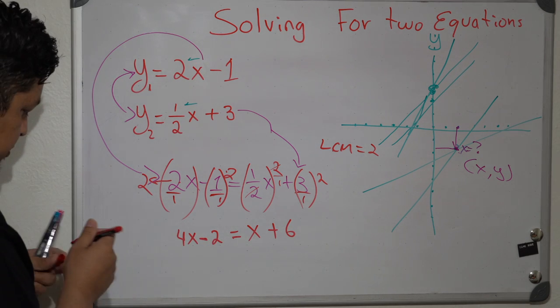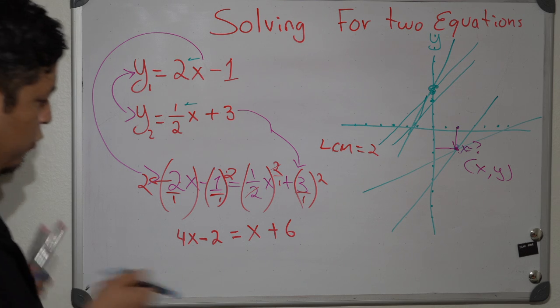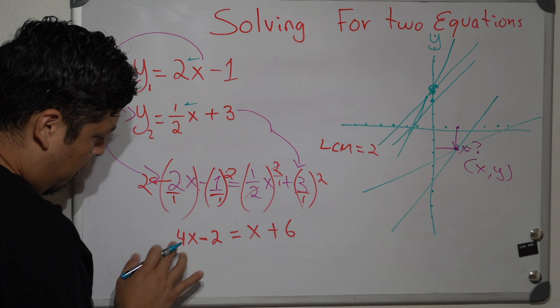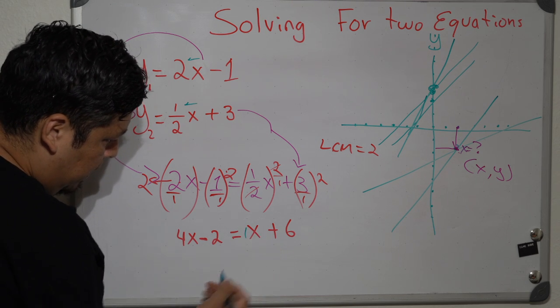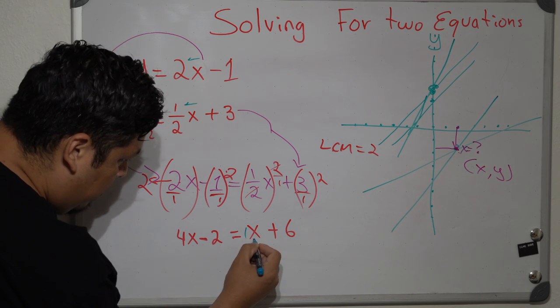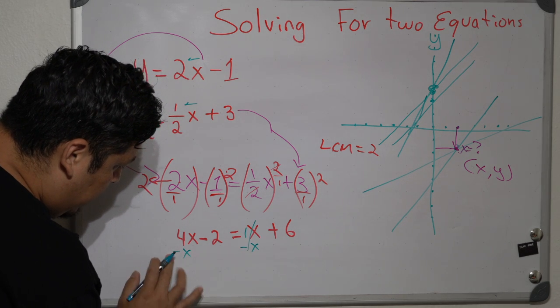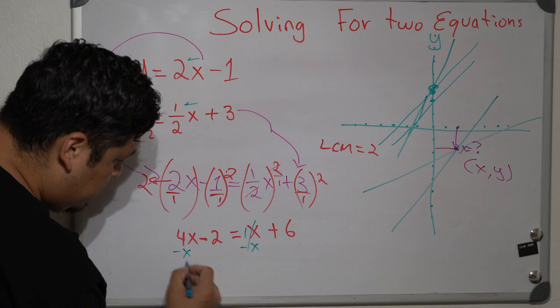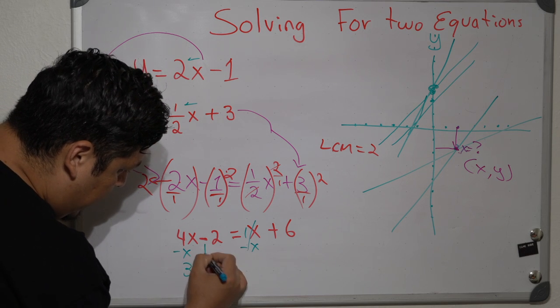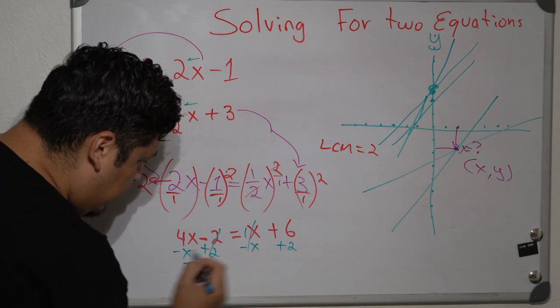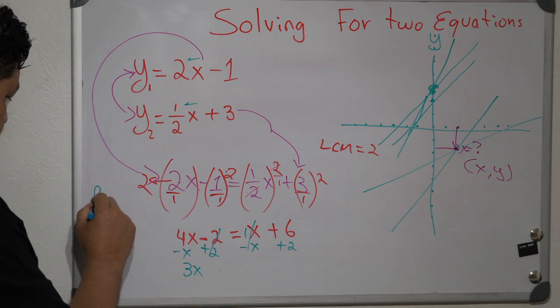And now it looks a lot simpler. It's just adding and subtracting. I always like to move my smallest x over, and I mean by their leading number here. So we'll move this x over. See that I noted here under where the x's are. So this is 3x. But I need to add a 2 here, and then I add it here too. Then remember order of operations.